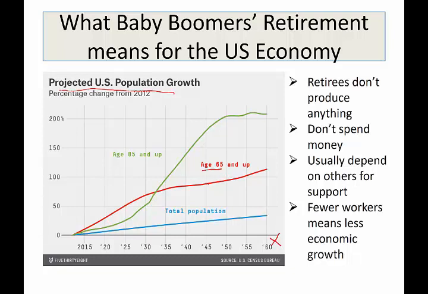And so that's going up. The green line is the percentage of people 85 and up, who are increasing. So the bottom line here is that there are going to be more people who are retired in the U.S. population as time goes by, and it's going to increase significantly. These retired people really make up the baby boomers.